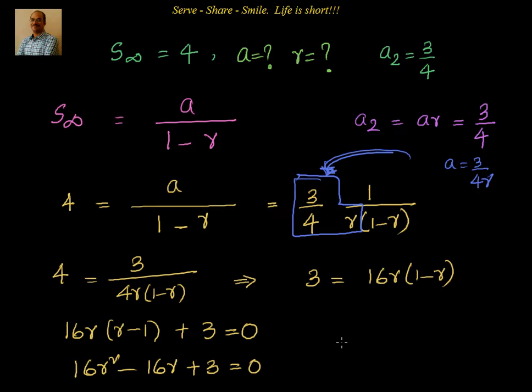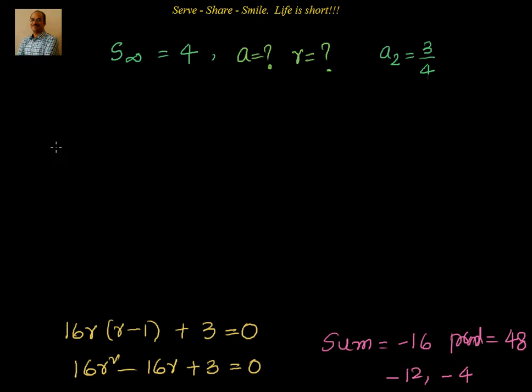Now splitting the middle term, the sum is minus 16 and the product is 48. What are our options? Minus 12 and minus 4. So I can write it as 16R square minus 12R minus 4R plus 3 equal to 0.